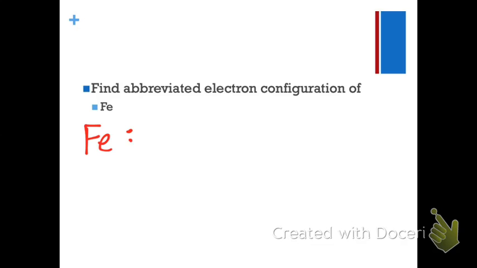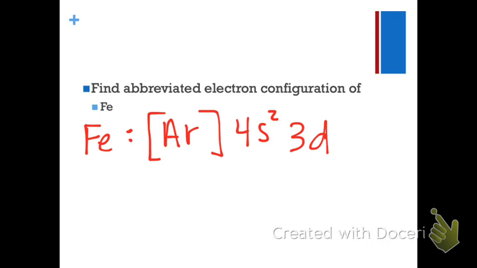If I'm going to abbreviate this, I'll say it's the same as argon, but then I can't just do 3d something. I have to finish it. So after argon, in order to get to iron, I have to go 4s2. Then I need to go 3d, 1, 2, 3, 4, 5, 6. So there's my completed abbreviated electron configuration.